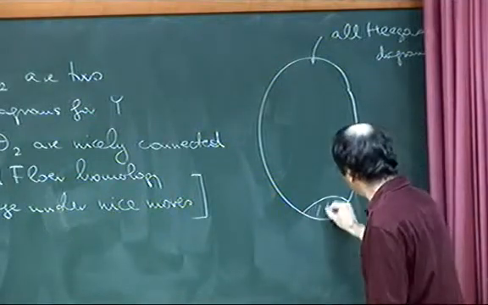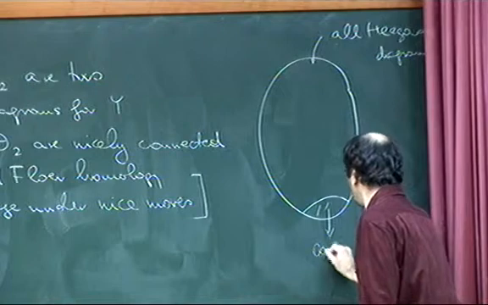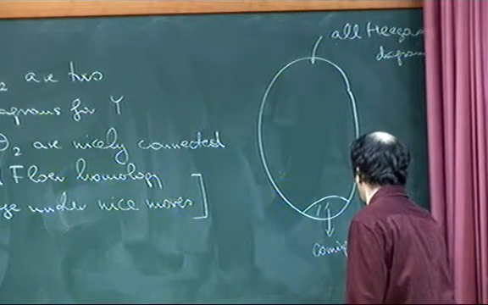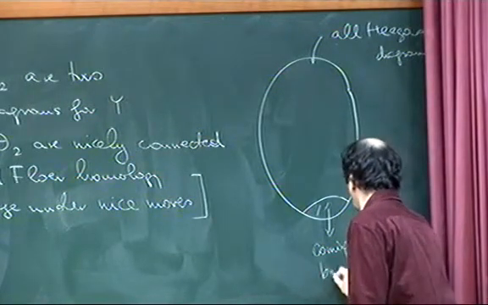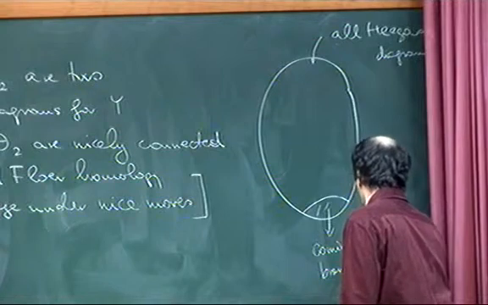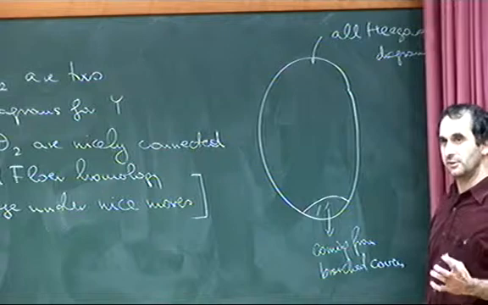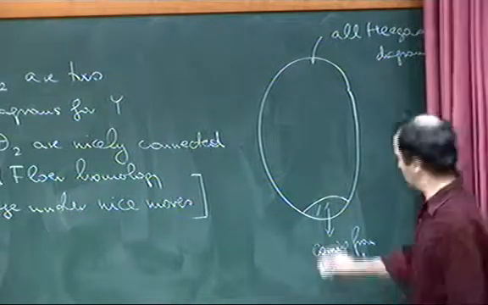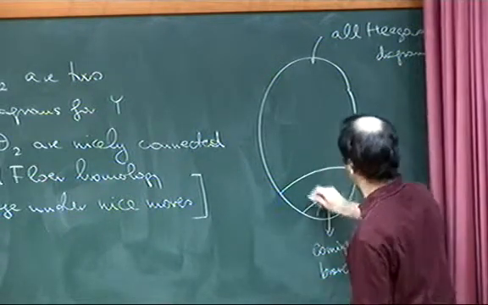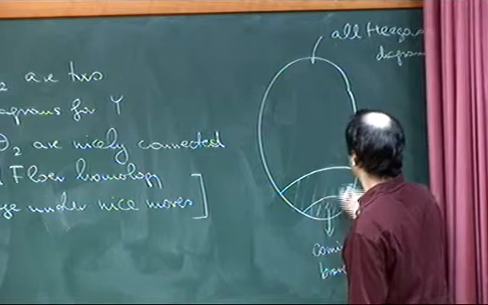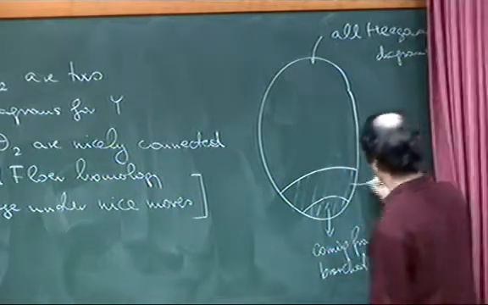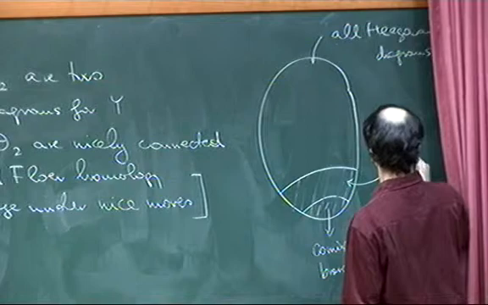These are nice, so these are coming from the branched cover. Those are automatically convenient because you don't have to make any further choices. So the convenient diagrams comprise a slightly larger sub-potato. So these are the convenient diagrams.